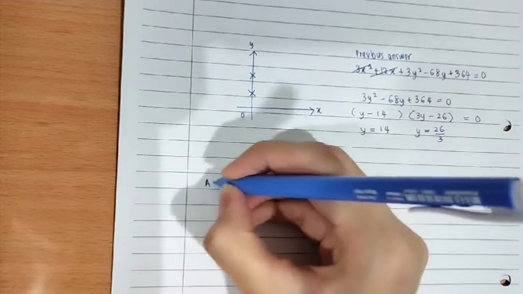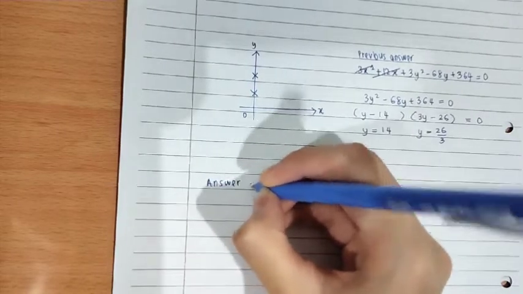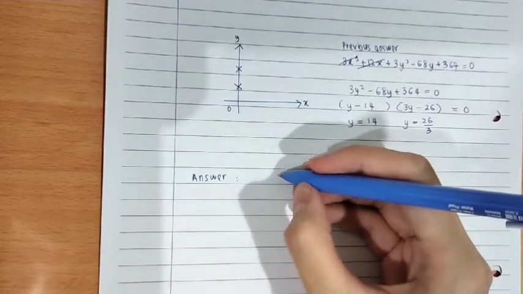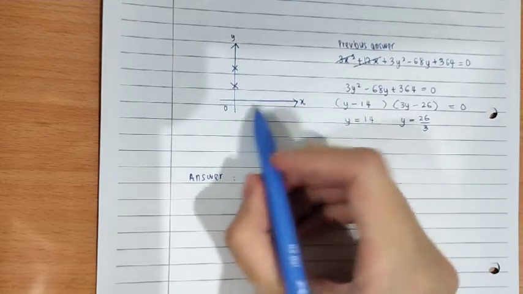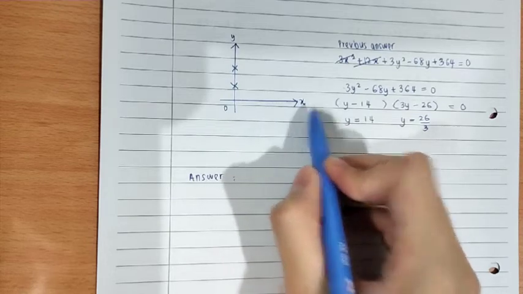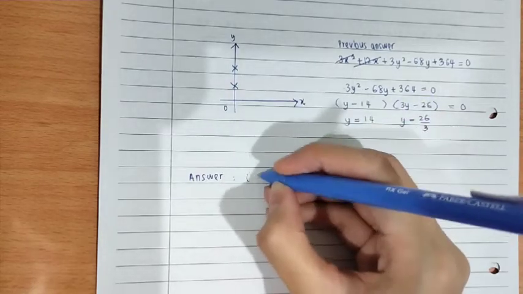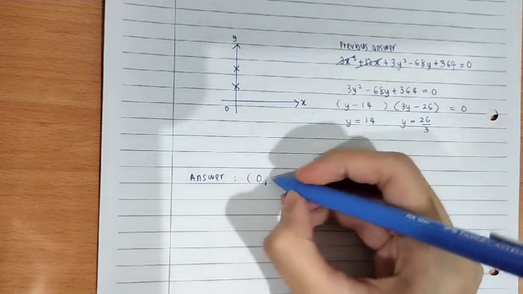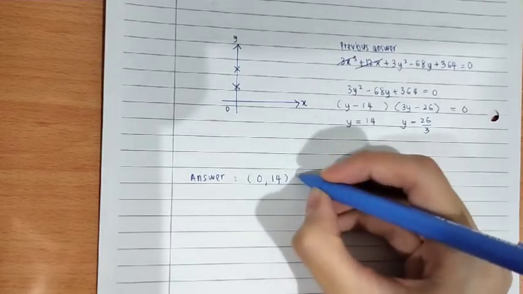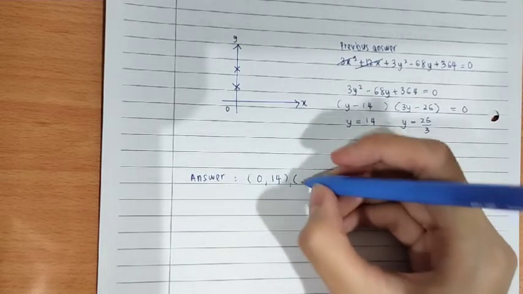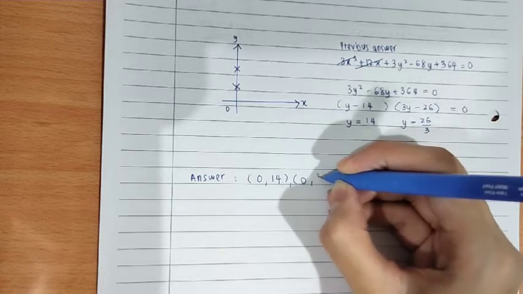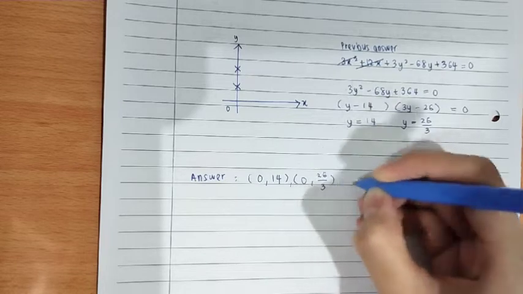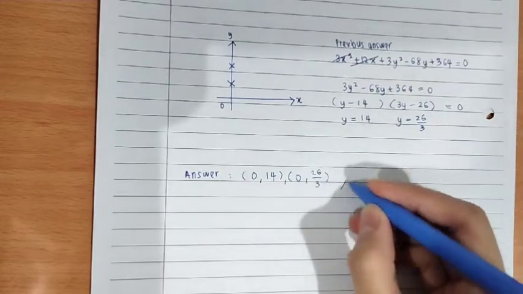Since the x-coordinate on the y-axis is 0, just put it here: 14 and 0, 26/3. So this is the answer for this question.